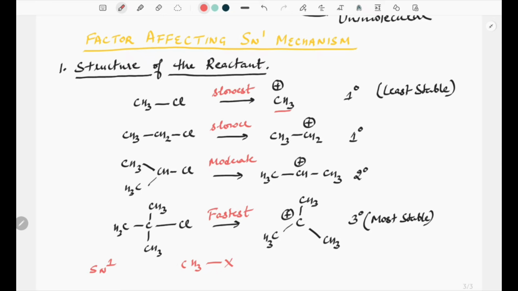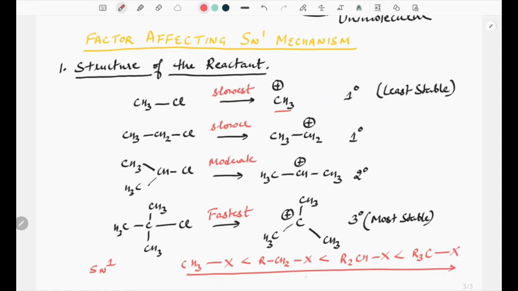Therefore, in case of SN1, CH3X will be slower than RCH2X, that is primary, which further will be slower than secondary alkyl halides, and the fastest will be the tertiary alkyl halides in case of SN1 reaction mechanism.